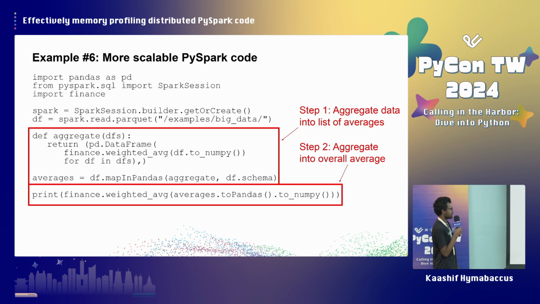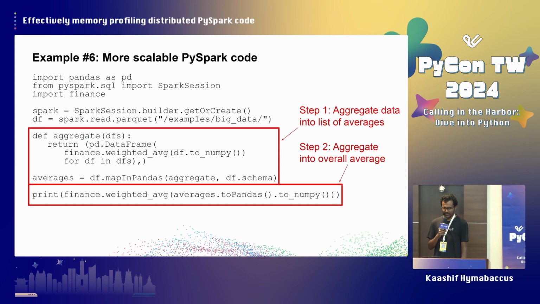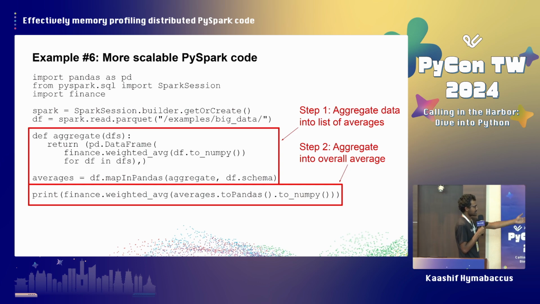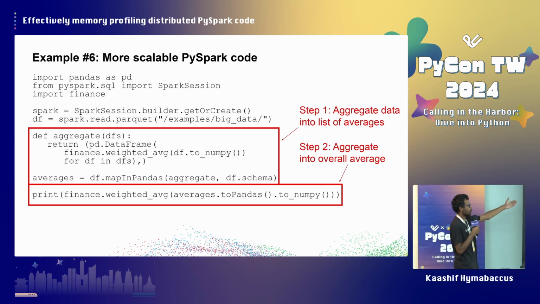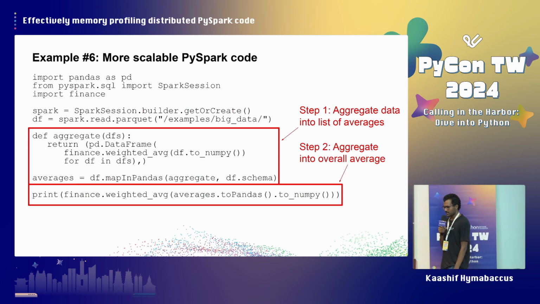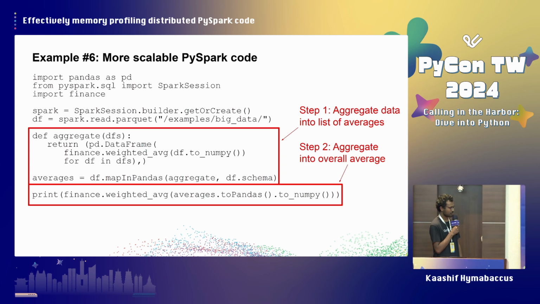We return an iterable of data frames, each with one row, with the average of each chunk that we got. So we have this data frame that represents one row for each chunk, and that row contains the total weight and the average value. The last thing we do is convert to NumPy and take the weighted average of that in the driver, but by this point we have only one row per partition, and this will fit in the driver fine. So let's run it and see what happens.